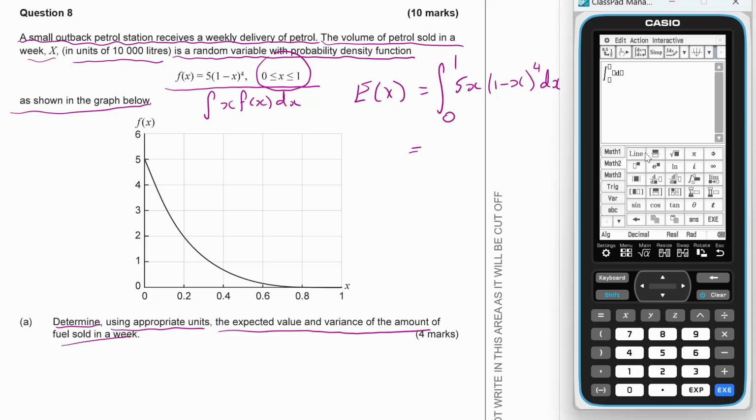So we have the integral from 0 up to 1 of 5x(1 - x)^4 dx, and that gives us 0.16 recurring.